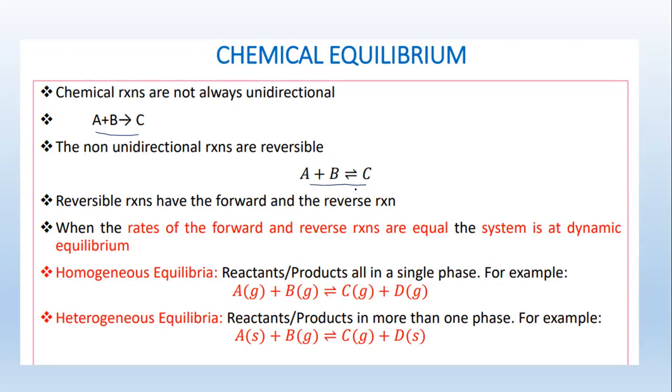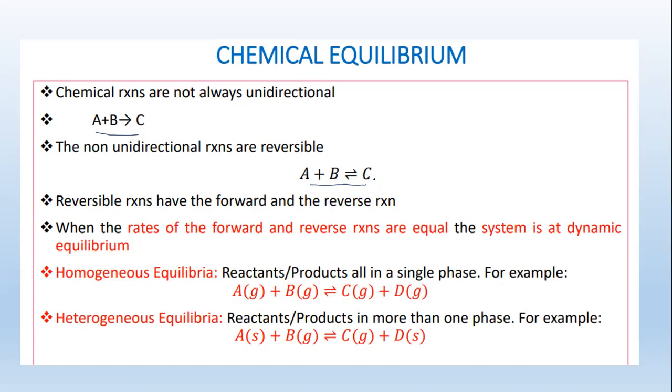Why? Because it is reversible and the products can interact with one another to form the reactants, or the products can decompose to form the reactants. So these are two classes of chemical reactions that we can actually talk about. But here in chemical equilibrium, we're only going to focus on the reversible reactions, which are non-unidirectional reactions.